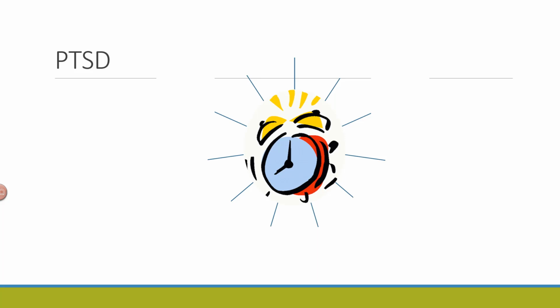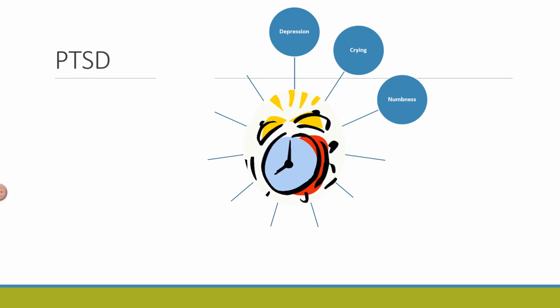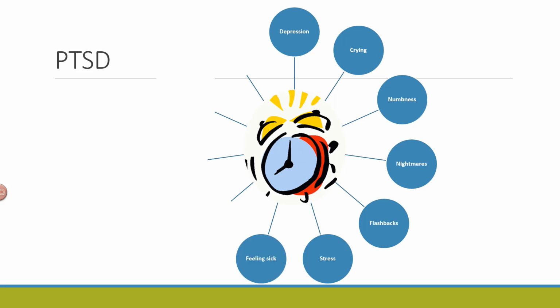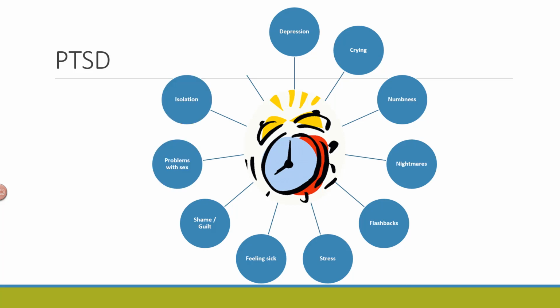Triggers can be anything: color, smell, sound, or other sensations. Common indicators of trauma include depression, crying, numbness, nightmares, flashbacks, stress, feeling sick, feeling shame or guilt, problems with sex, social isolation, and experiencing triggers.